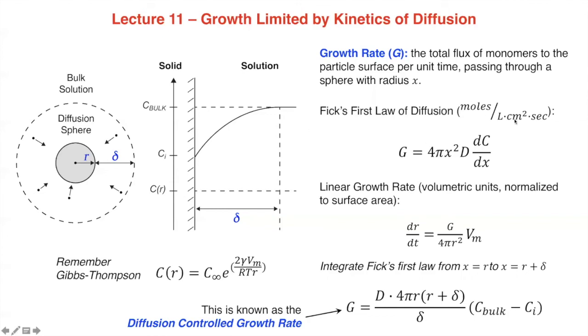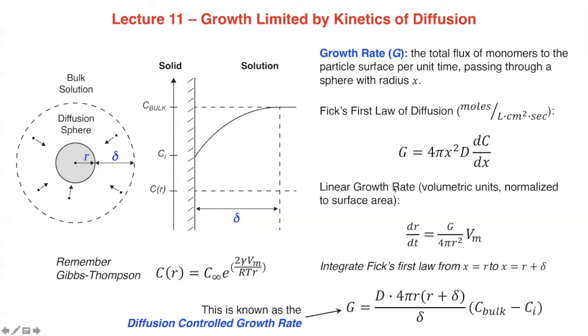So this is moles per liter per unit area per time, and this rate of growth is then the surface area of the sphere times the diffusion coefficient of the monomers in the solution times the change in concentration as a function of distance. Okay, so this is expressed as a concentration per unit area.